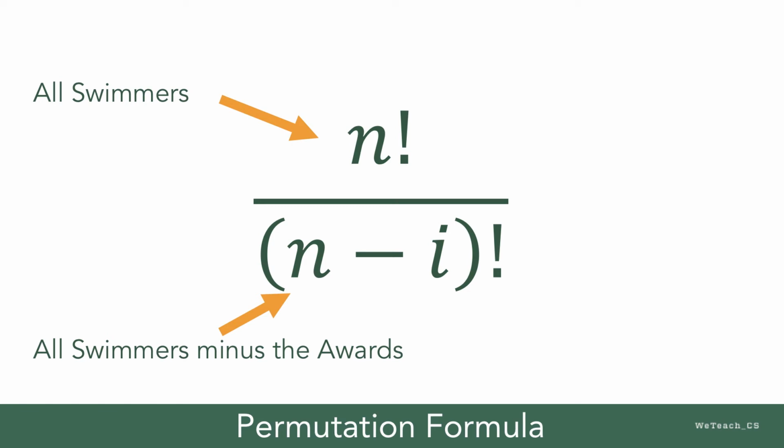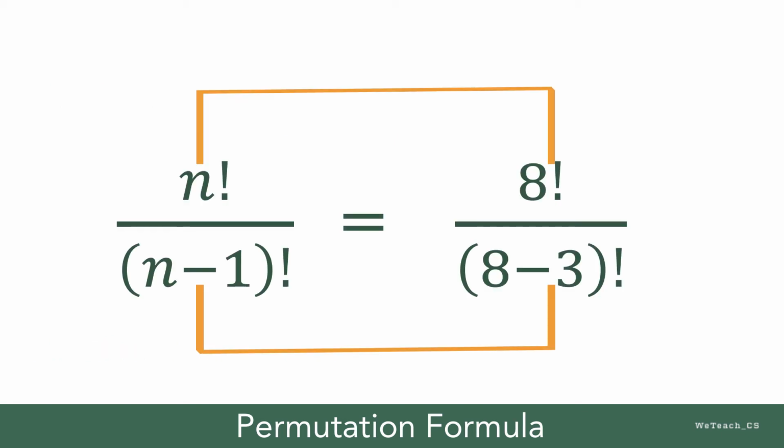Anytime we're dealing with permutation, we can use the formula n factorial divided by n minus i factorial. The answer we receive is the total possible number of ways we could order i items out of n items.